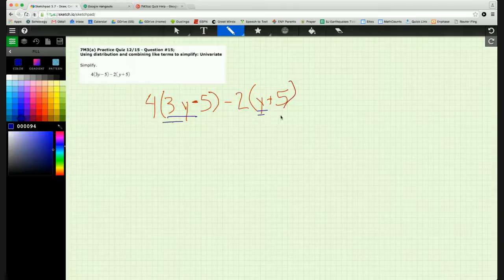So we cannot do that. So let's do our distribution, and then we're going to see that helps us remove these parentheses, and then we'll be able to do our combining like terms.